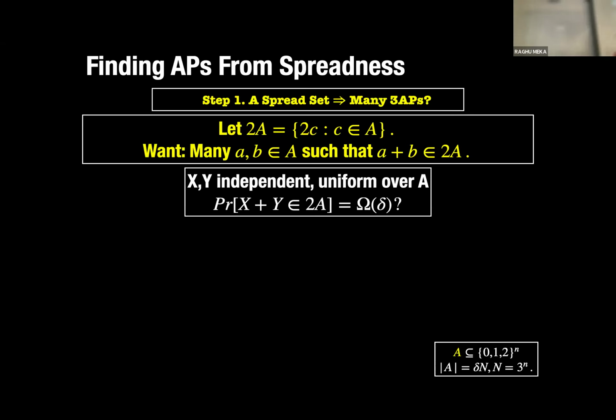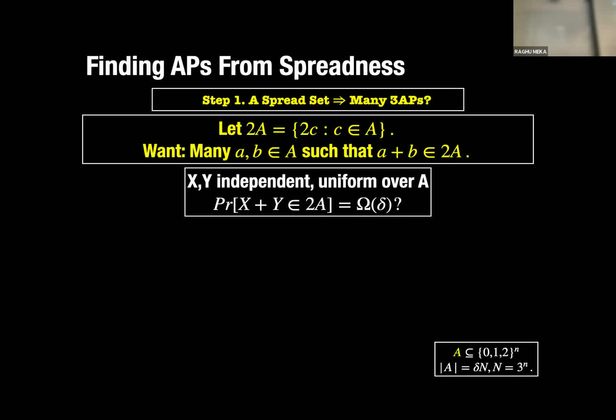Instead of counting the number of exact pairs a, b such that a plus b is in the set 2A, it's easier to talk about, and it's equivalent nevertheless, the probability that if I pick X independently and uniformly at random from A, and Y independently and uniformly at random from A, what is the chance that their sum lands in the set 2A?